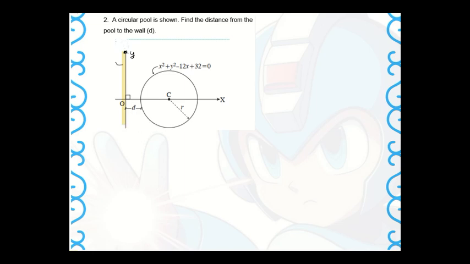This distance represents the first component in this center, the distance from the origin to this point C. And we know that the second component is 0 because the point C is located on the x-axis itself. So let's continue.